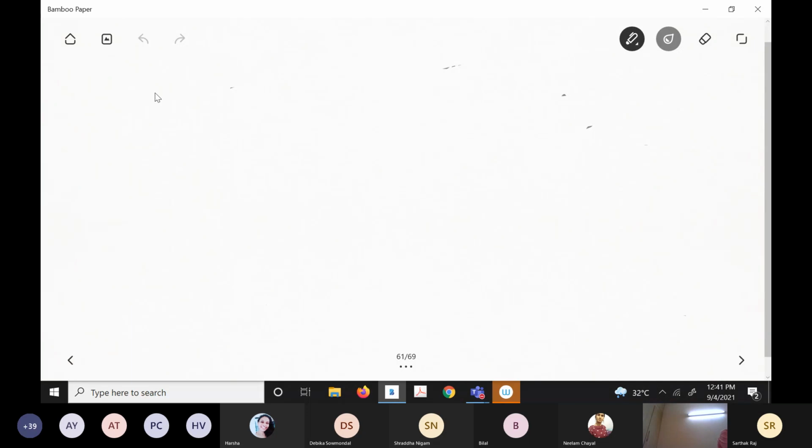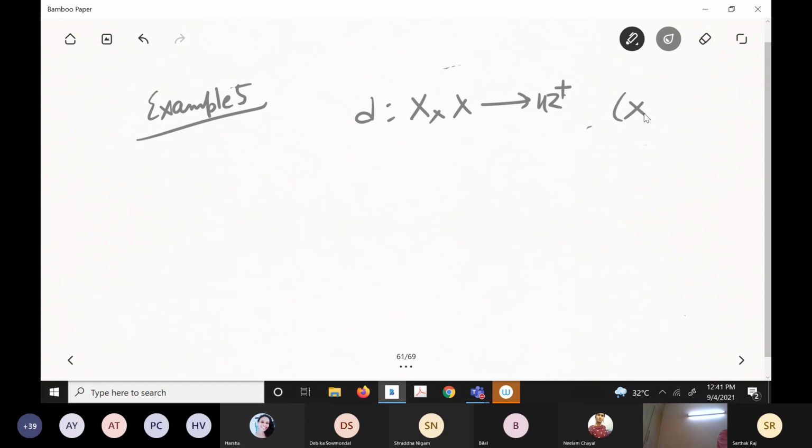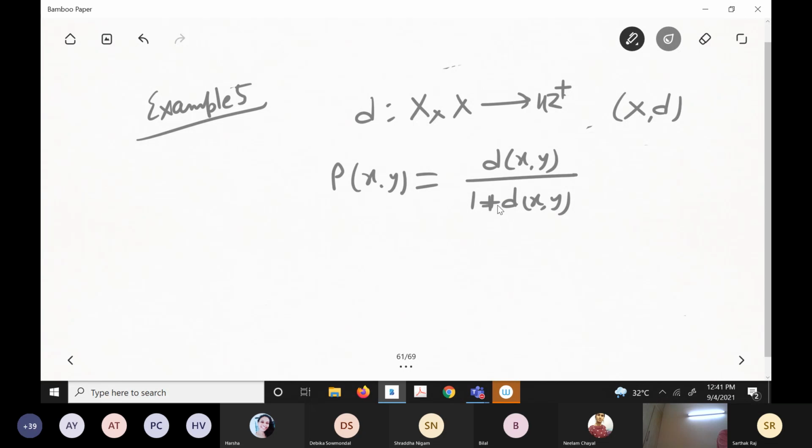Now look, example 5 is very important. Make sure that you keep example 5 in your mind. Later on we will be doing topology, that is, open sets. If we have a metric d, that is, (X, d) is a metric space, then I can define another metric rho, which I am defining like this. I need to write 1 plus; this one is not special.